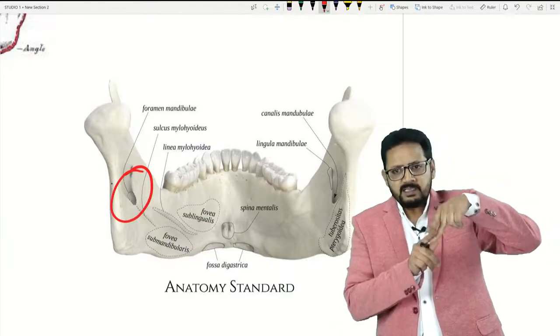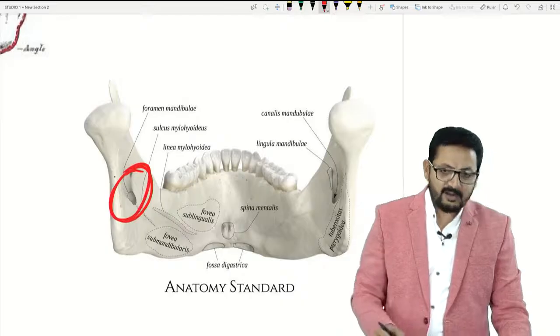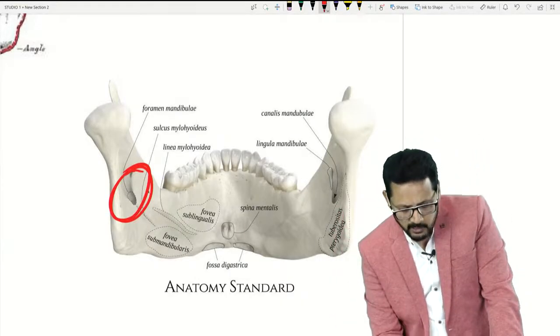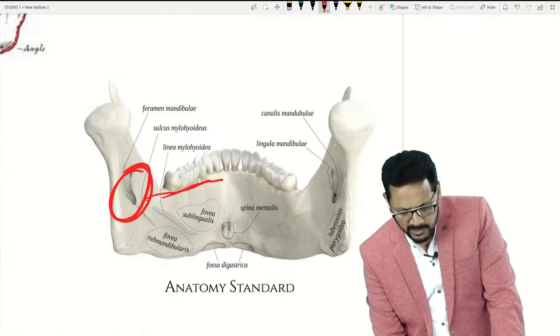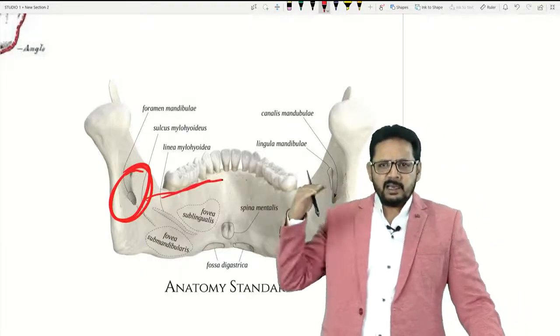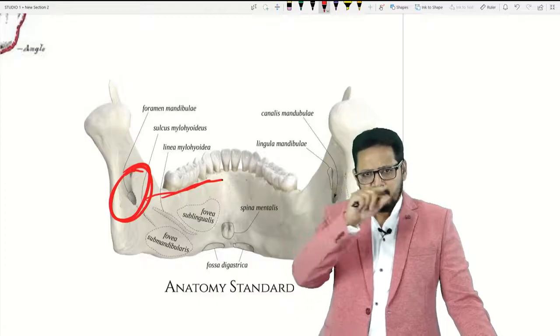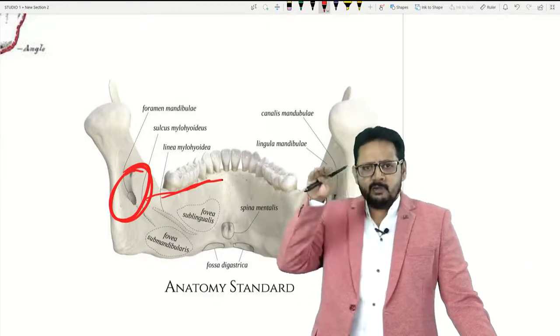The inferior alveolar nerve enters the inferior alveolar foramen, and the lingual nerve continues anteriorly in a structure called the lingual groove. If you see a dried mandible, you can find a thin groove-like structure, the lingual groove.